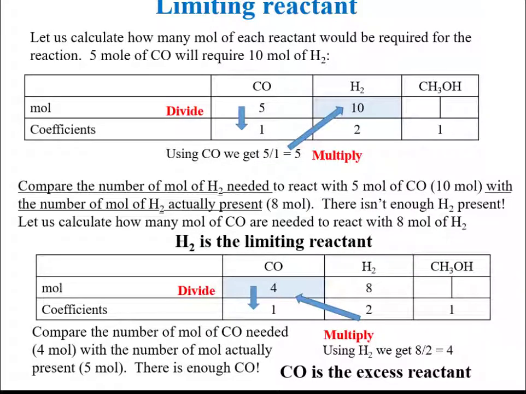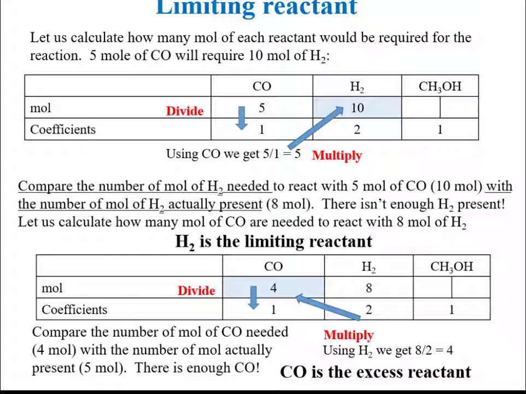To determine that, we can calculate how many moles of each reactant are required for the reaction with the quantities given. So 5 moles of CO, we can calculate, require 10 moles of H2. However, we don't have 10 moles of H2, we only have 8, which means that H2 is our limiting reactant.